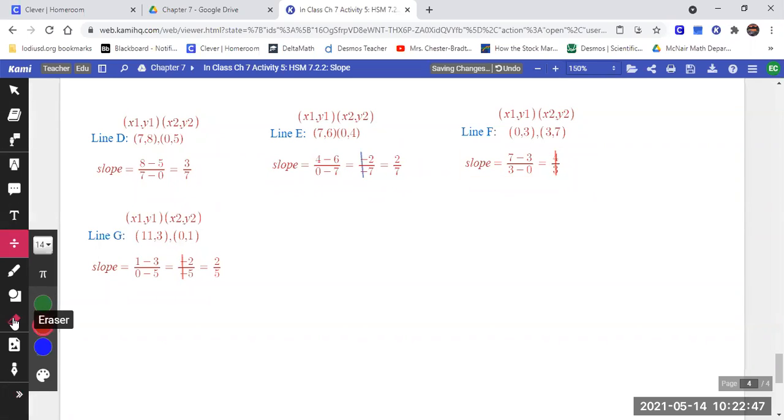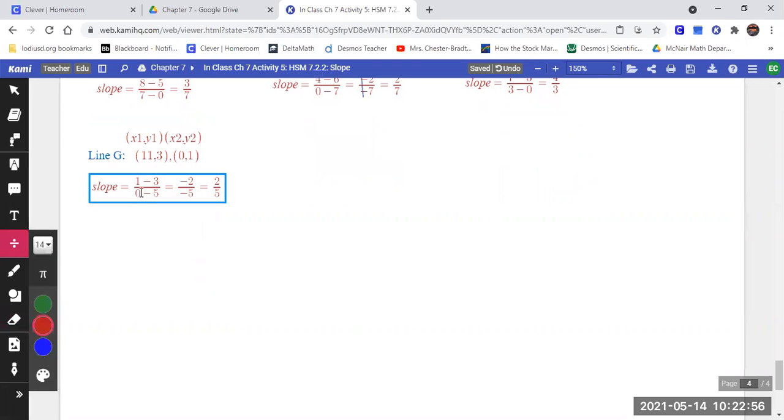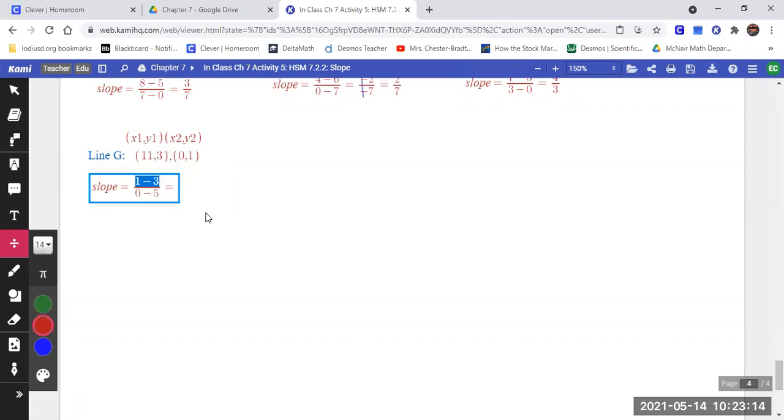Okay, now we're going to go do G. Oh, I have to erase that thing. We don't have a crossover this time. Last one. Okay, tell me what the top's going to become. Tell me what the bottom becomes. What math am I doing? What are we going to say for the top? Does 1 minus 3 work for the top? Is one of the y's 1 and the other one 3? Yes, so let's just change the bottom.